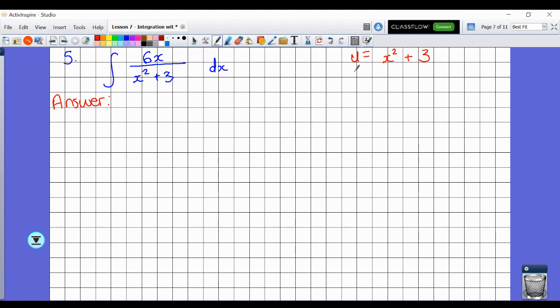You could probably finish it off from here. So differentiate it. So du by dx. If you differentiate x squared, 2x. If you differentiate 3, you just get 0. Let's rearrange to get dx by itself. So du equals 2x dx, divide by 2x.